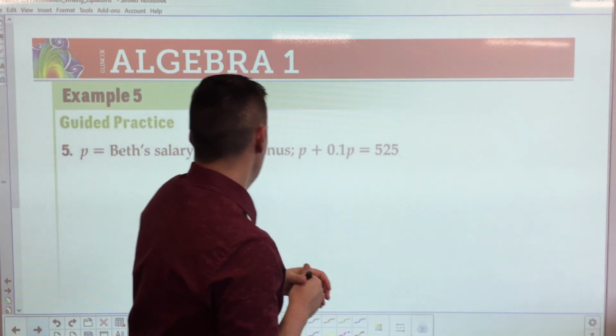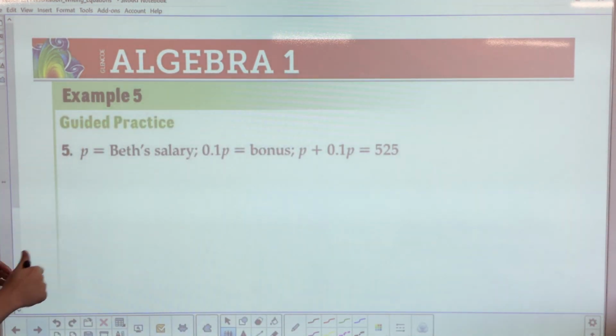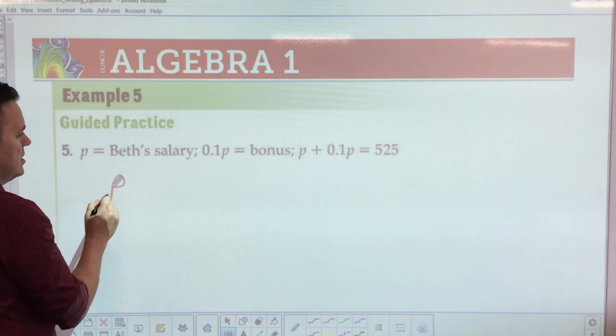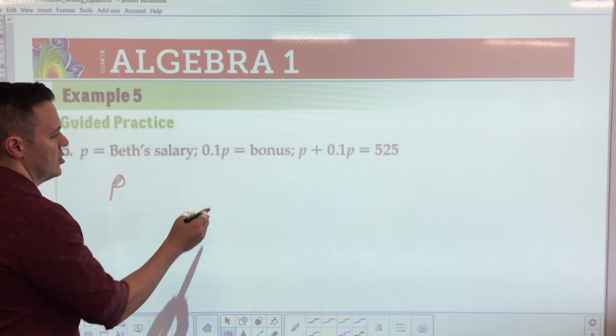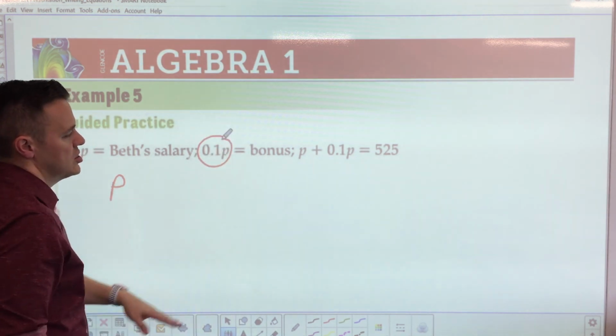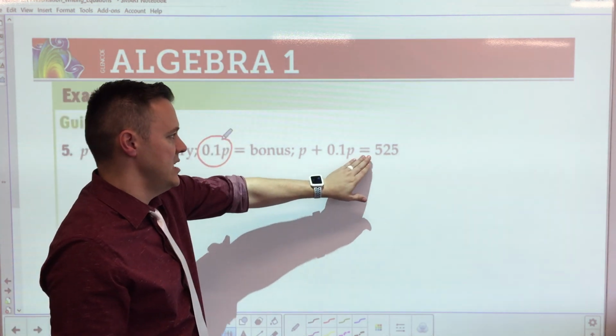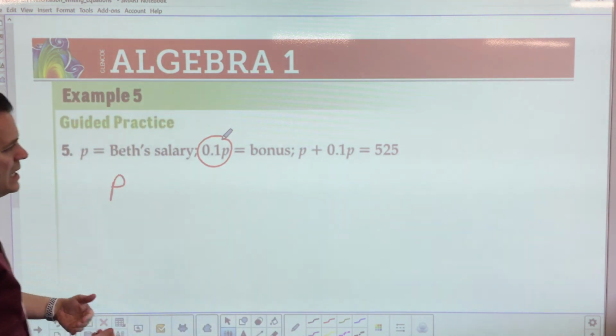All right, so when I'm looking at this, I see one thing, okay? P equals best salary, okay? So 0.01P is her bonus. So P plus this equals 525. So what does that mean?